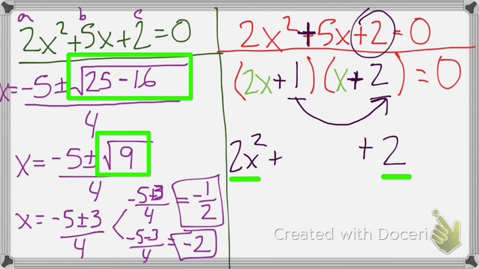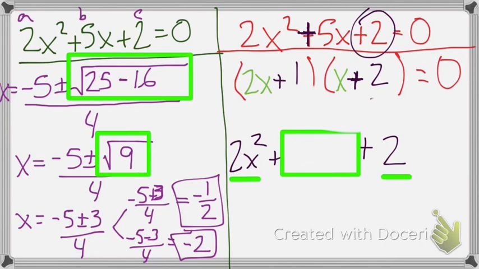But our question is, what's going to happen in the middle here if we put the 1 there and the 2 there? So to figure that out, we have to think about the steps in the middle. Notice we looked at this step already, the 2x times the x. And we looked at this step already, the 1 times the 2. We just have to look at the steps in the middle.